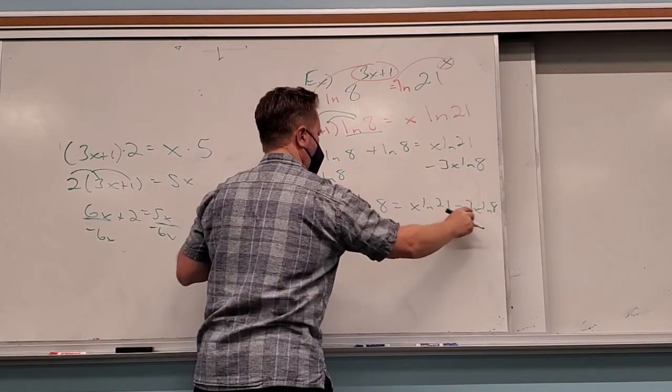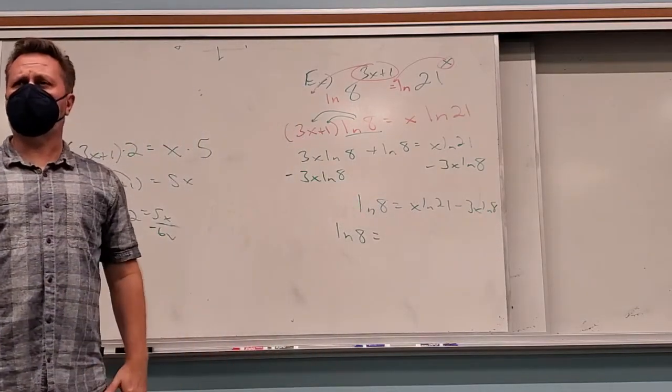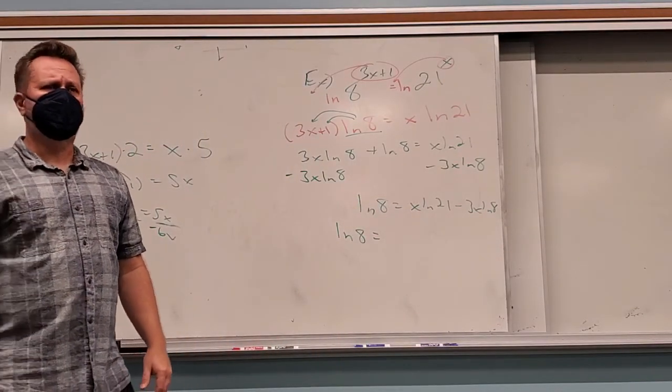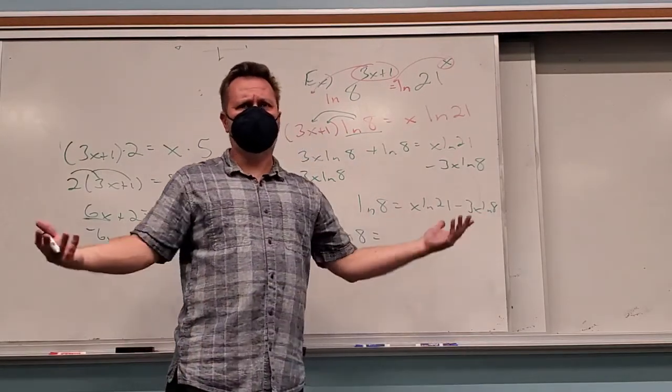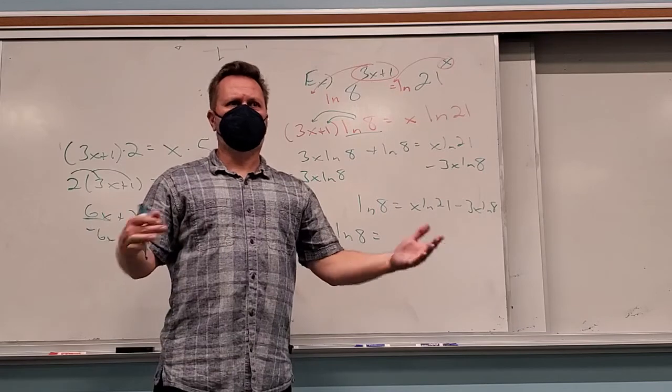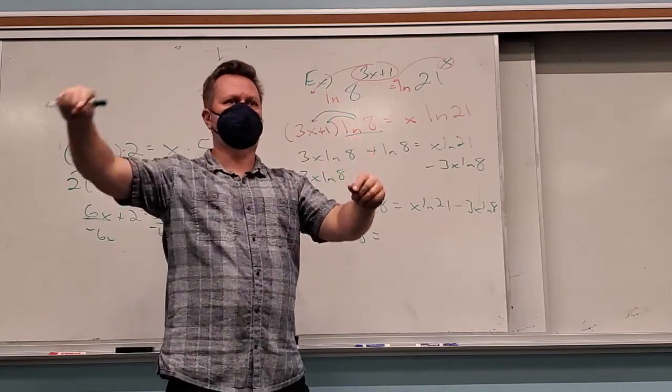Are these like terms? Does everybody see those are not like terms, right? I have x natural log of 21s minus 3x natural log of 8s. Those are not like terms. So normally I put them together because they're like terms, but instead I can just take an x out.